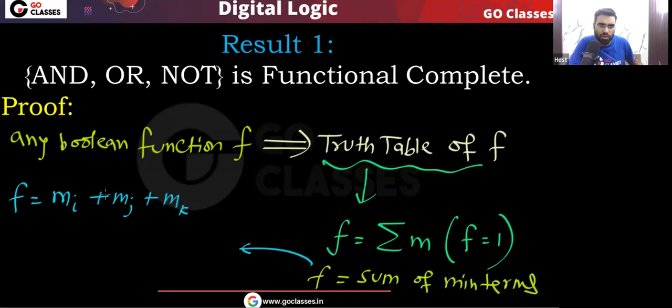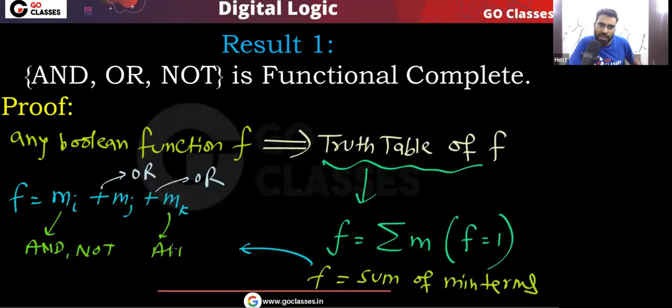You are using the OR operation. So in a sum of minterms you are using OR operations, and inside each minterm you are using AND and NOT. Yes or no? Is this clear? Please let me know.